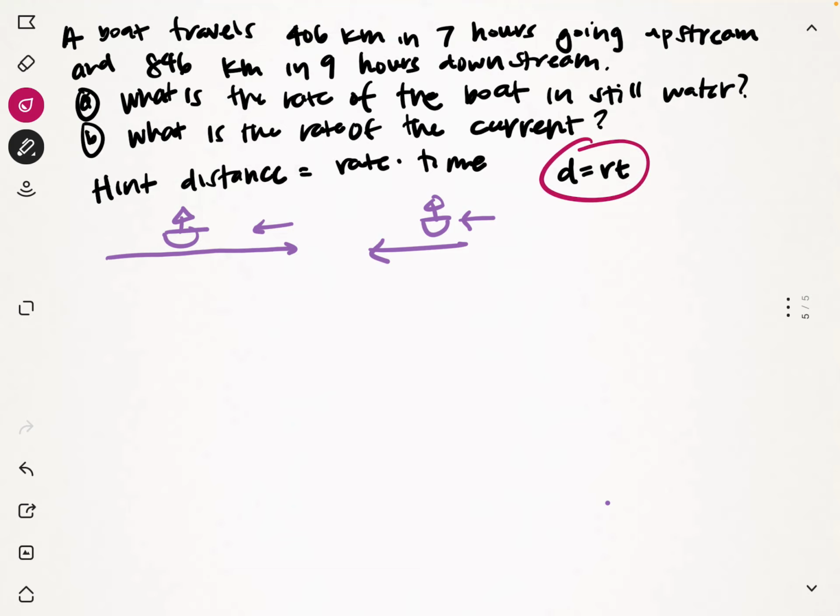So let's go ahead and start defining variables here. We have two variables here, and it's going to be a little bit tricky.